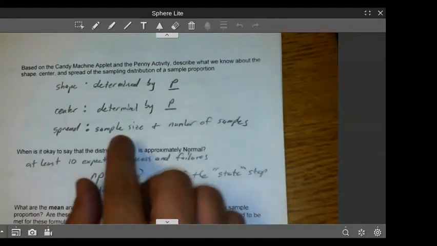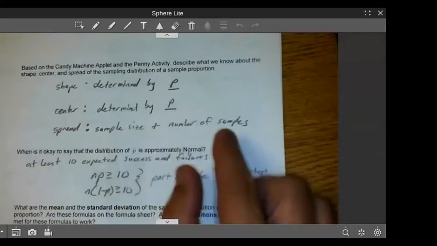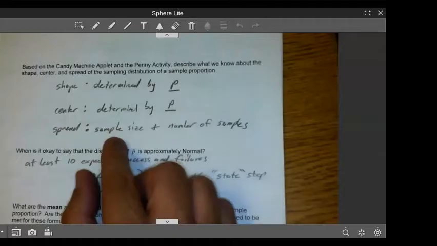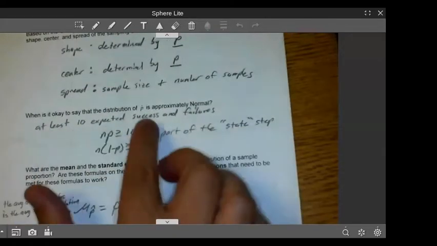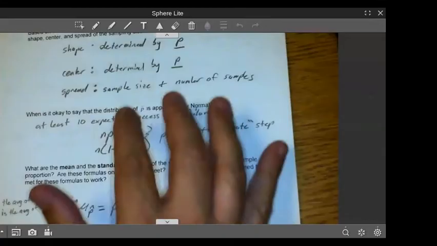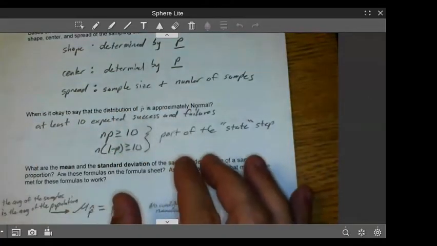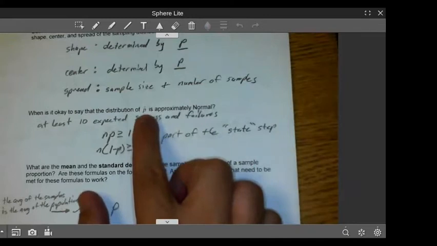And then we found out that the spread is changed by two things: how many samples there are, and also the sample size. All right, is it okay to say that the distribution of p hat is approximately normal? We're going to want to be able to say that the distribution of samples is approximately normal.